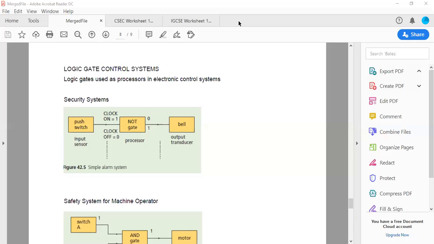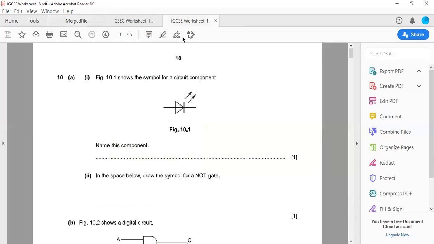For CXC, it did play a predominant role during the years of 2005 to around 2013 or 14, before the syllabus slightly changed, which included many other things. However, for IGC, it did play a role between 15 to 18. Slight changes, however, it will show up now and then.